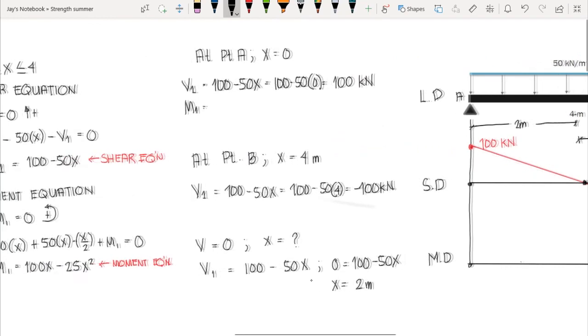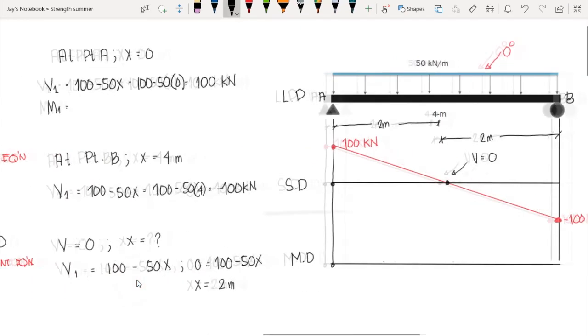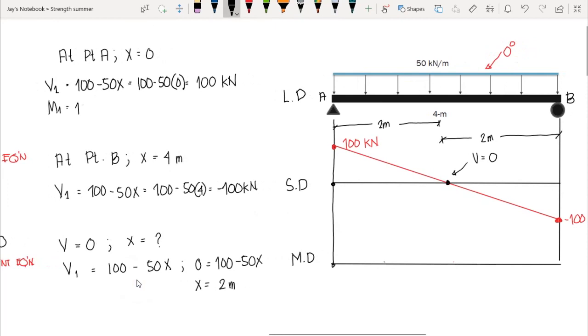Using the moment equation, that is 100x minus 25x squared, we have 100 times the value of x, 0, minus 25 times the value of x, 0, then squared. The result would be 0. So if we plot our moment diagram at point A, we have 0 value of internal moment.